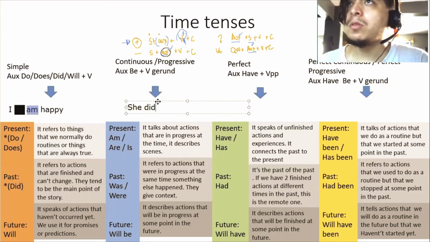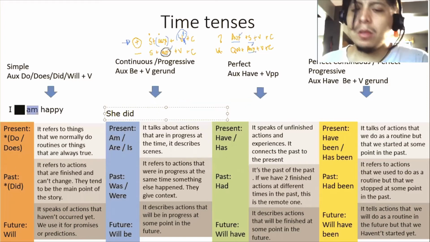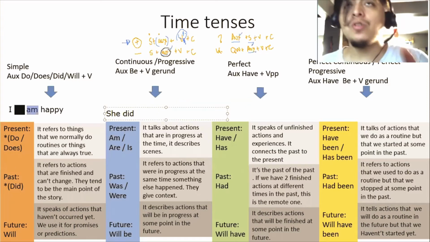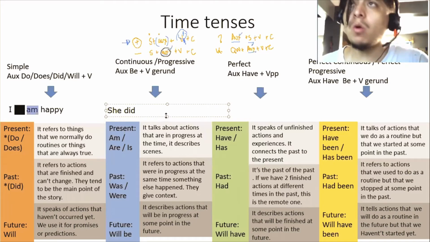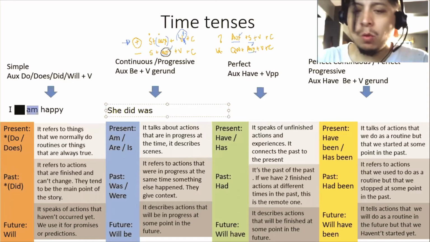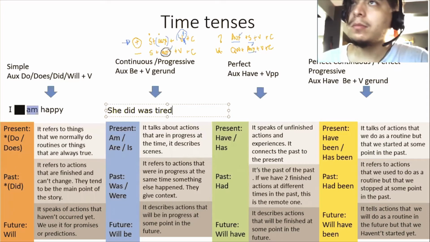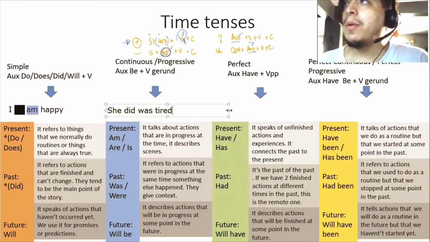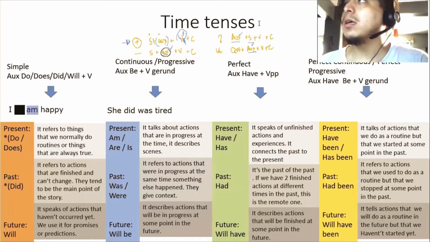And the verb to be in the past has two conjugations: it is always was or were. In the case of she, she was, and then whatever complement you want. Tired. Okay?